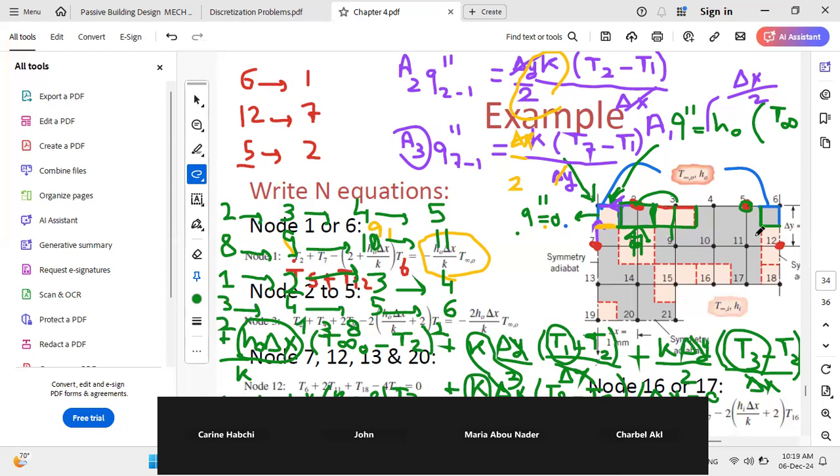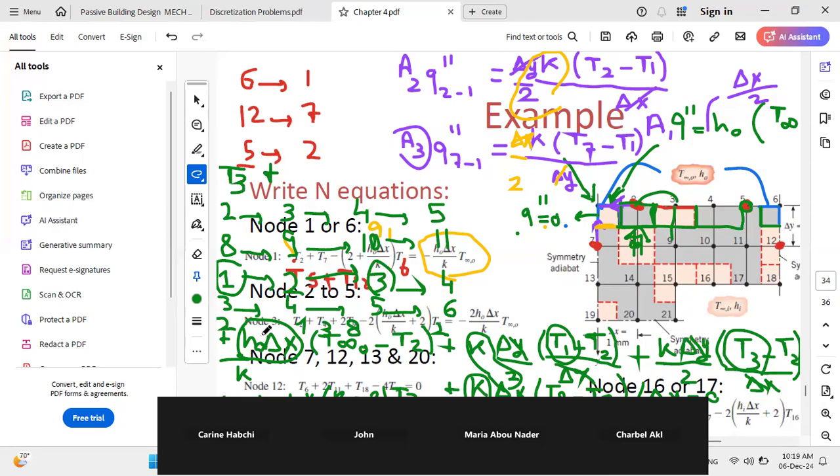Let us write what will be the equation, for example, for cell 4. Here, instead of T1, 1 is equivalent to what for cell 4? It's equivalent to 3. So I should start with T3.